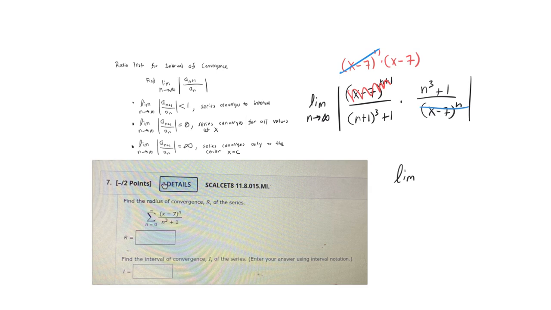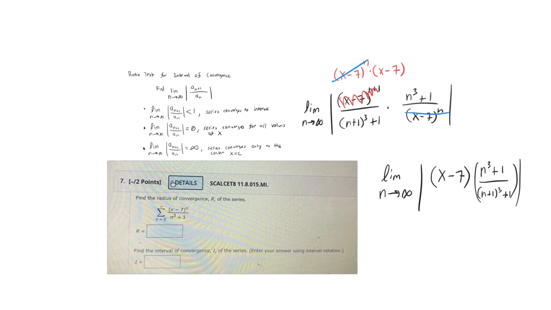So we're really looking at the limit as n approaches infinity of x minus 7, I'll put that off to the side, times this n to the 3rd plus 1 all over n plus 1 to the 3rd plus 1. And this would turn into 1 once you substitute infinity in for n, because the degree on the top is the same as the degree on the bottom.